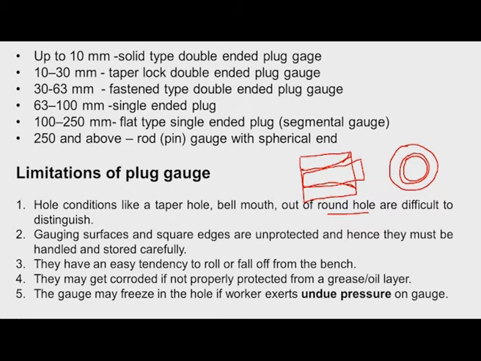Then gauging surfaces and square edges, that means the end of the plug gauge will be square. So these square edges are unprotected, they are open, and hence they must be handled and stored carefully. If the proper protective coating is not applied, the gauging surfaces may get corroded and become unusable.